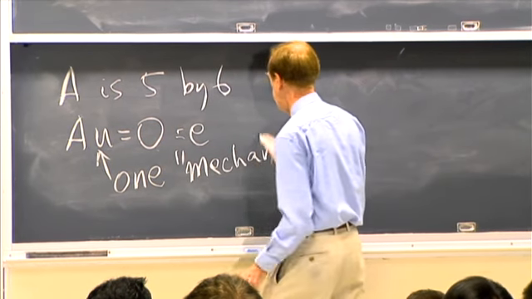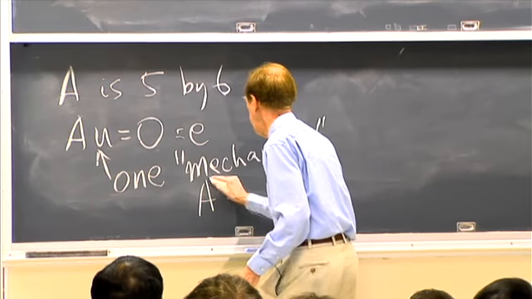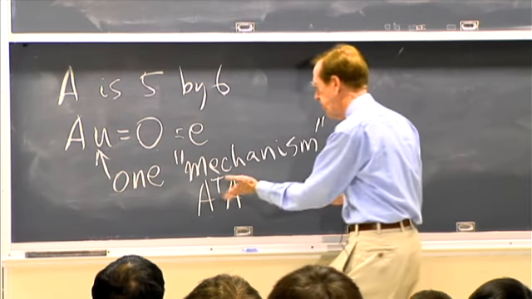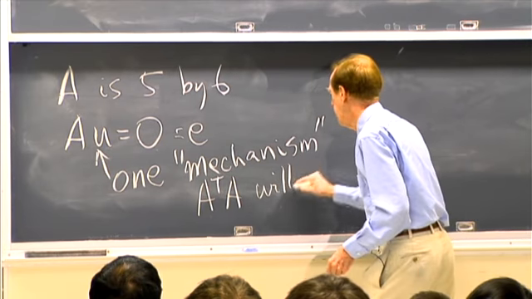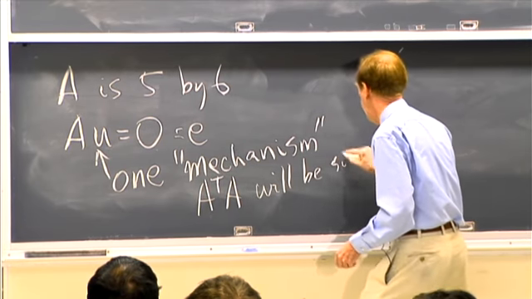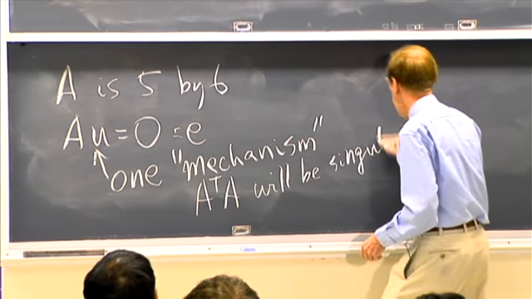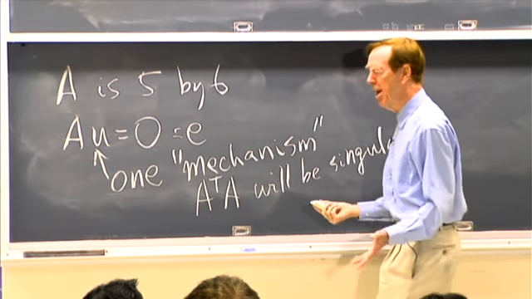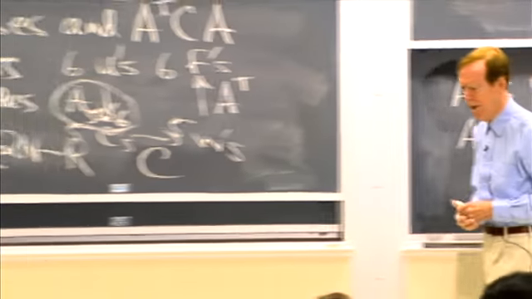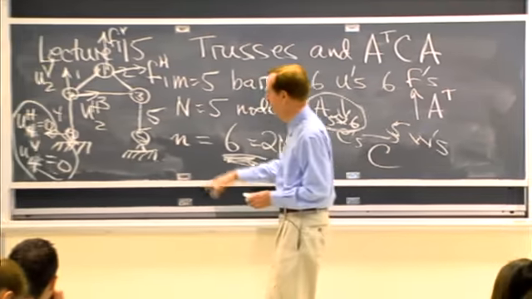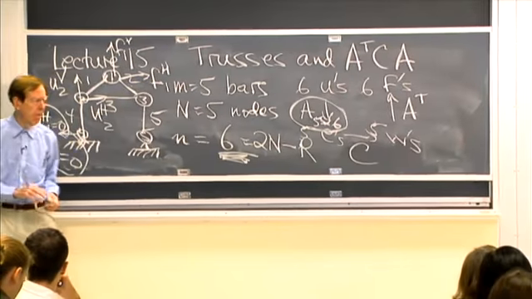So let me just put that A transpose A, or A transpose CA, C couldn't save it, will be singular. It's like our free thing in being singular, but the picture doesn't look free, does it? It's got supports in here, just not good enough.